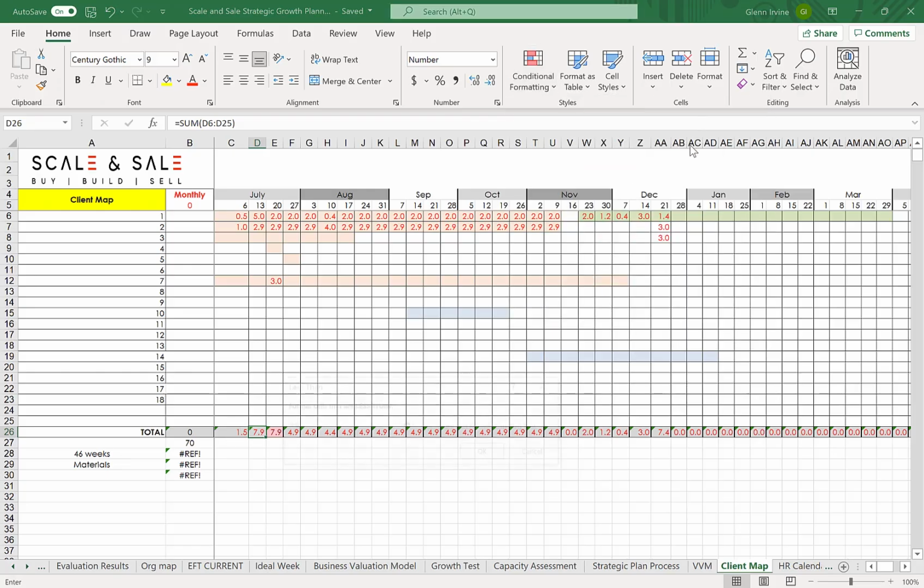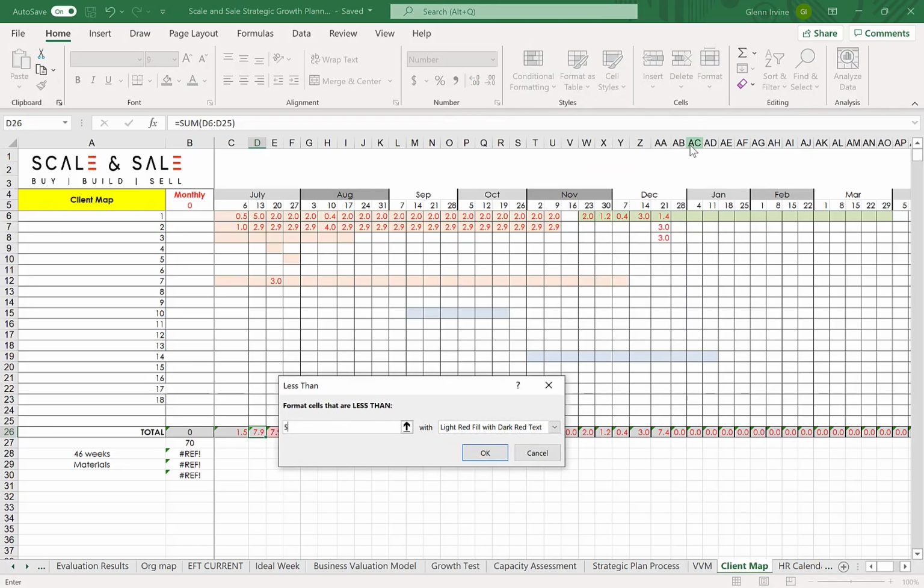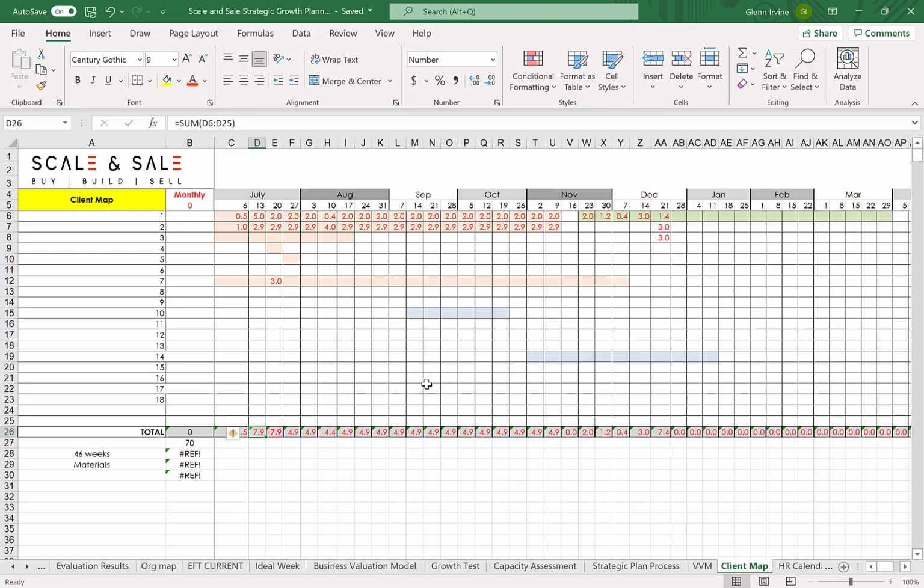So you go less than or equal to 5, and you just go green. So if this was 2, that would be green. So you know, yes, you've still got some, even though it's only half a day to fill, you still know that you've got that capacity.